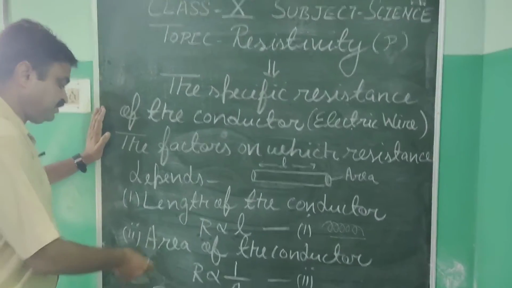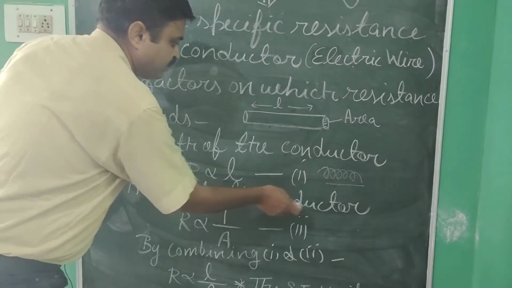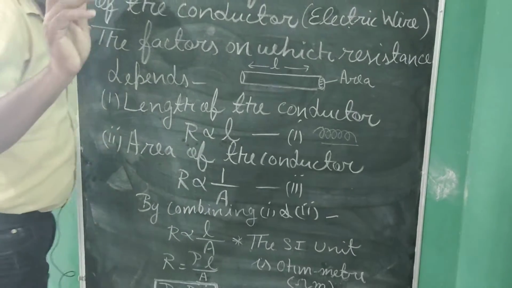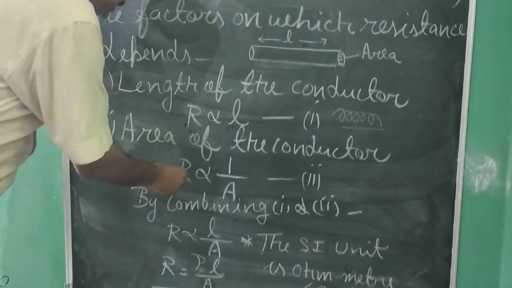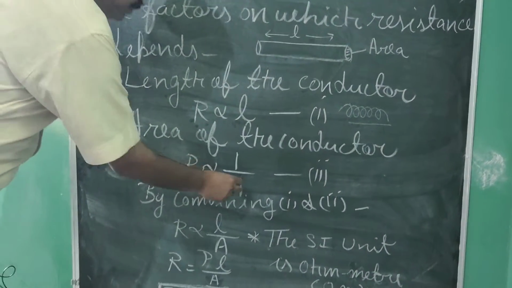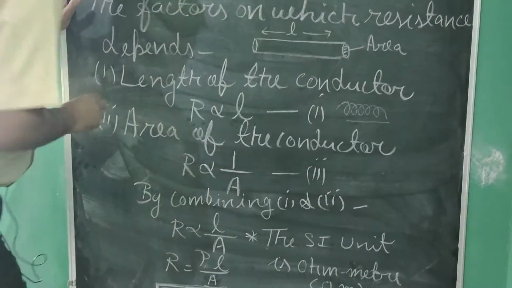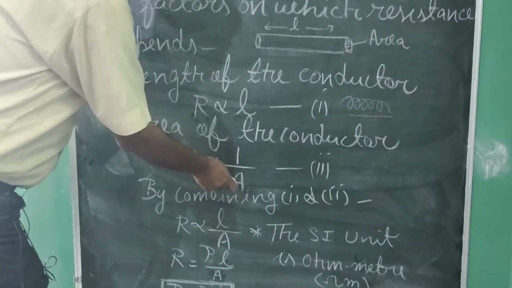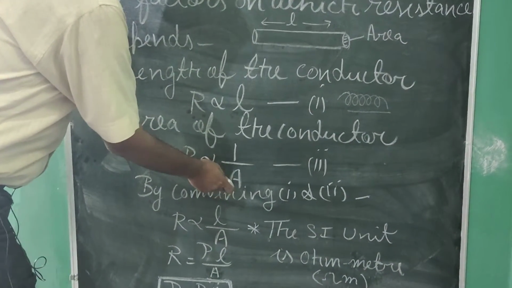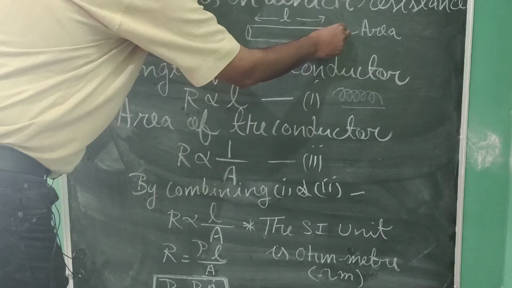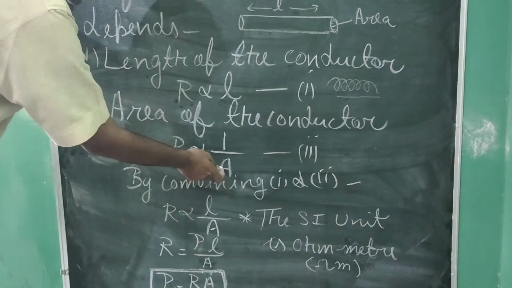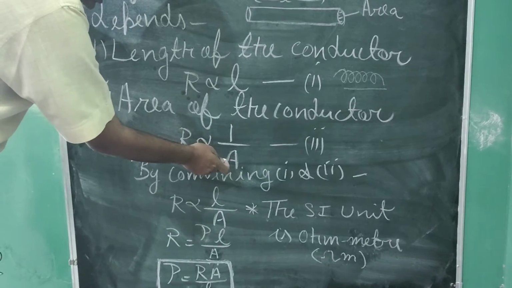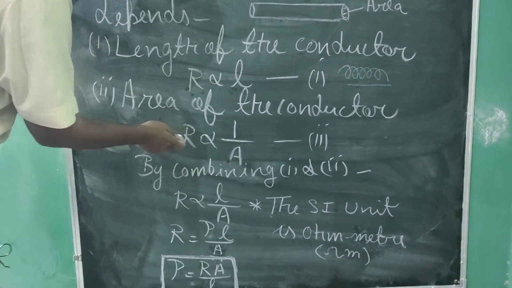Second factor is the area of the conductor. According to this, the resistance is inversely proportional to the area. Means if we increase the area of the wire, or if we take a thick wire, then the resistance will decrease.